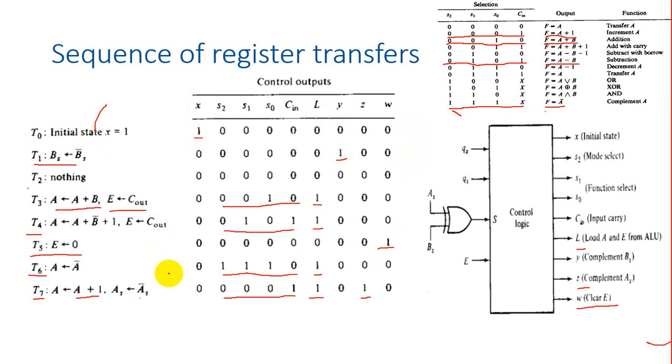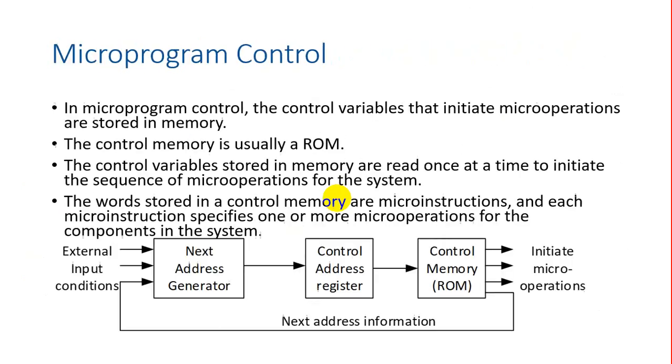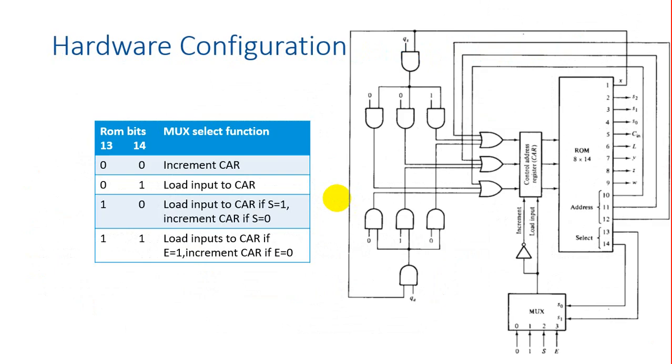For this operation, this is the control word. At different clock state, different operation. Now we'll combine these operations to write our microprogram to perform 2's complement, addition, and subtraction. Okay, so let's write the microprogram now.